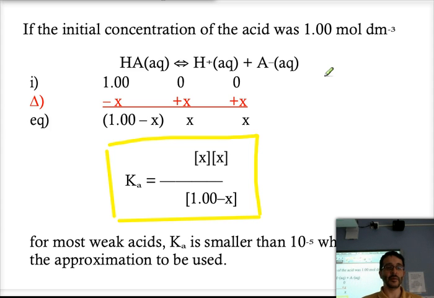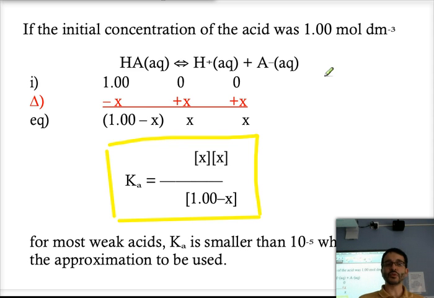But if this is not the case, we have to solve the quadratic equation if the value of Ka is larger than about 10 to the negative fourth, 10 to the negative third, all right. But if it's smaller, we can do the method of the approximation, all right.